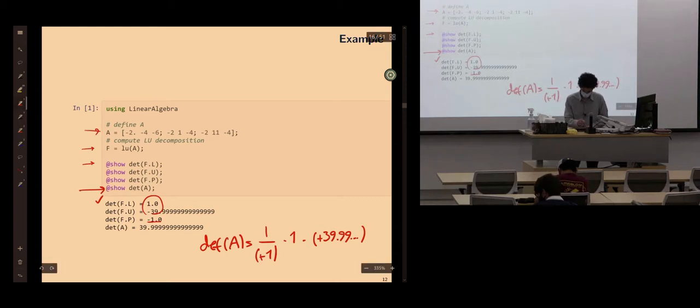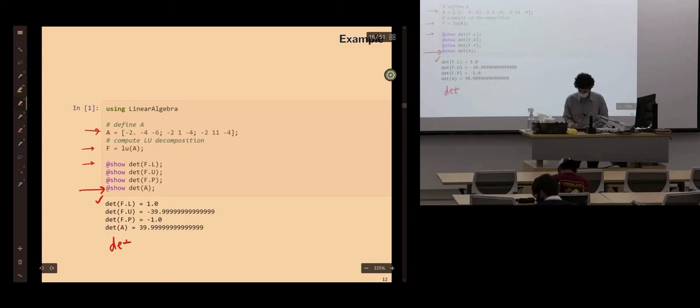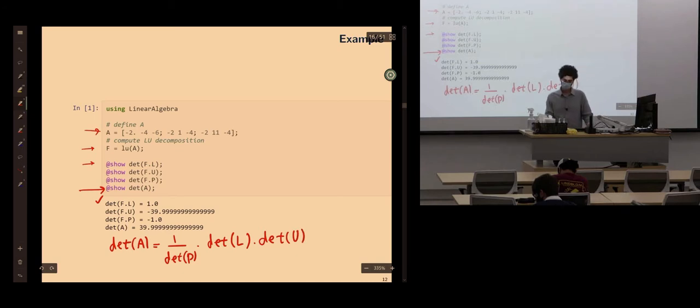Okay, so let's clarify what's going on. Determinant of A is 1 over determinant of P times determinant of L times determinant of U. Now this will give us 1 over -1 times 1 times, I'll just call it 40.